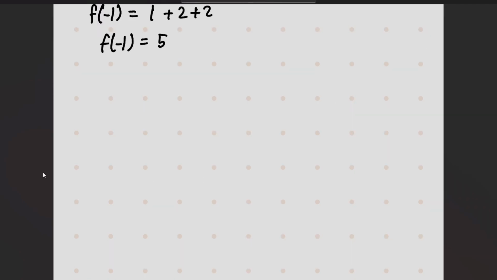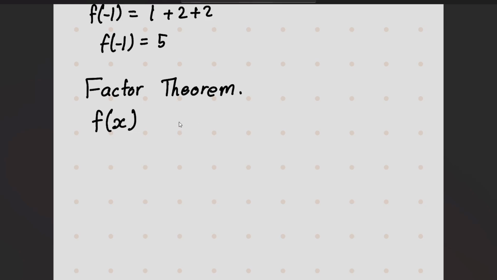Now we're going to take a look at factor theorem. This theorem basically suggests that if you divide a polynomial, say a function of x, with x minus a again, you're gonna get f of a is equal to 0, meaning there are no remainders. So hence, whatever this is, that's your factor.